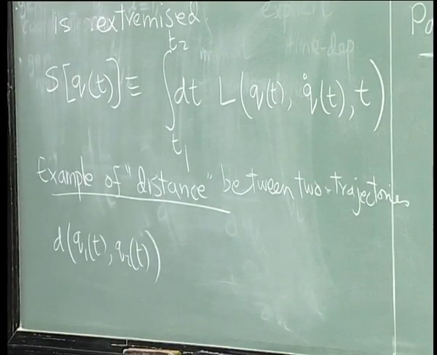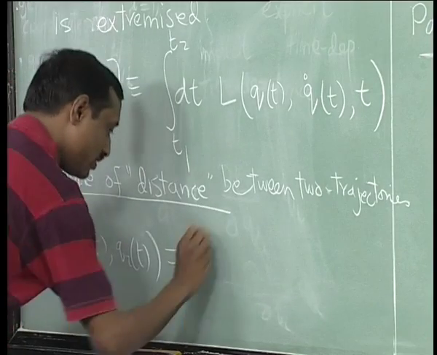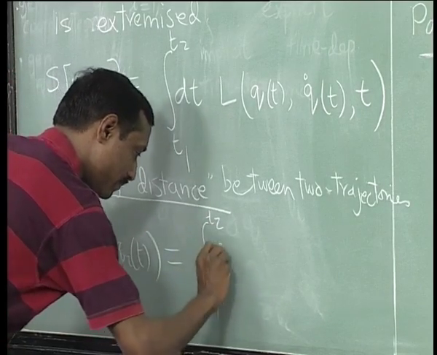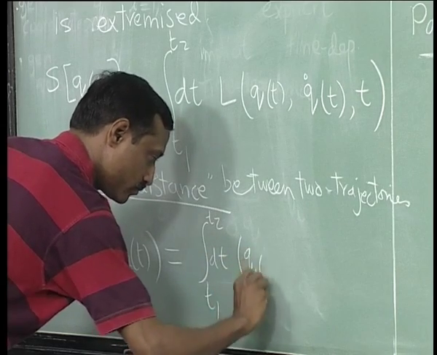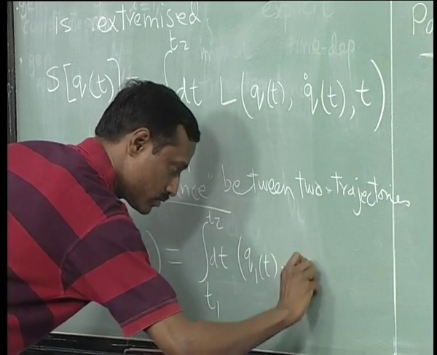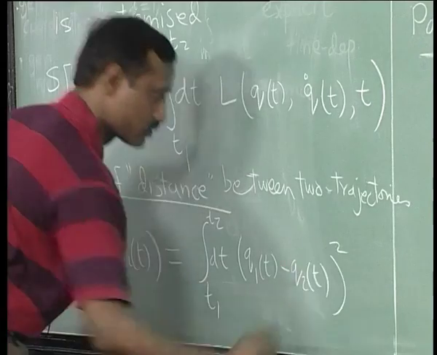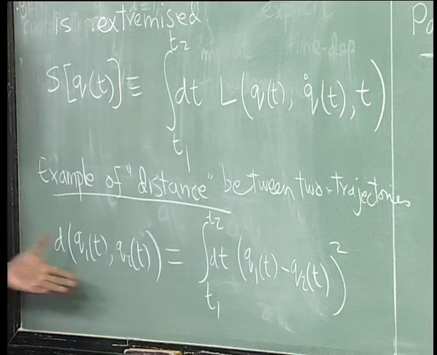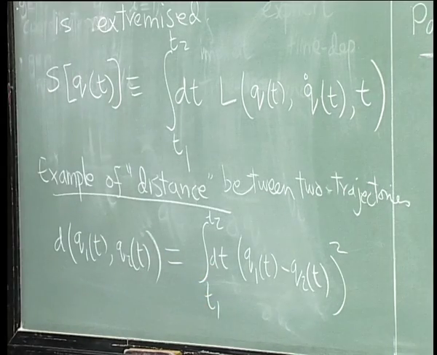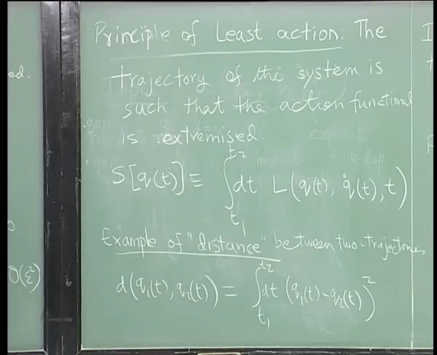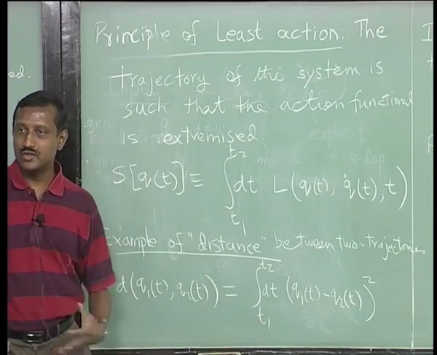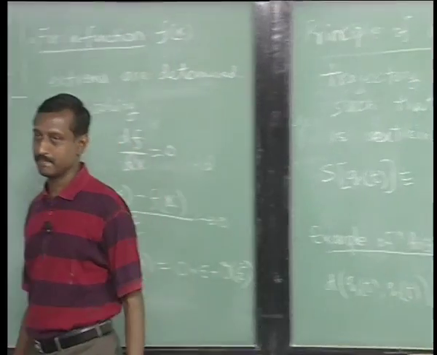Let me, for instance, define them to be something like this, squared. I am not saying this should be the distance, but here at least I have some notion: when the two trajectories coincide, this becomes 0, and intuitively at least this captures something like that.